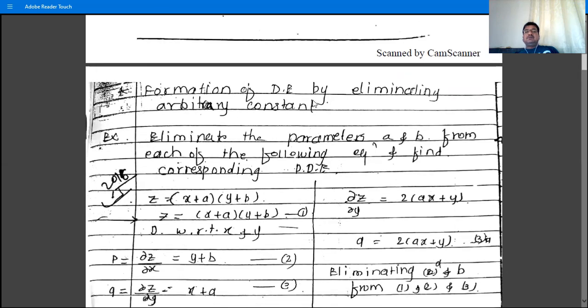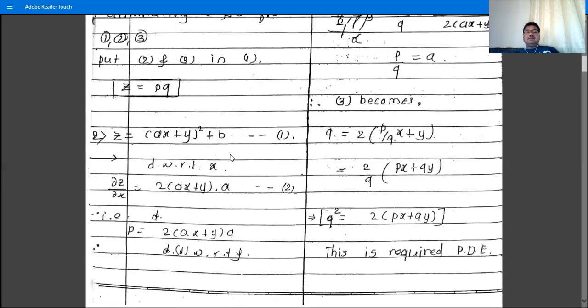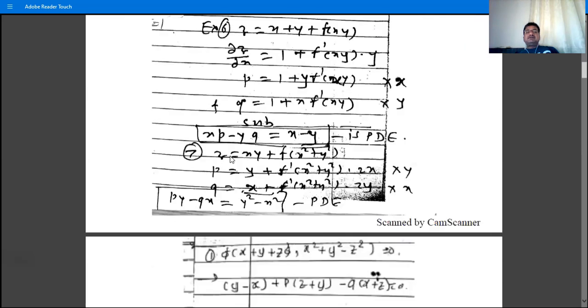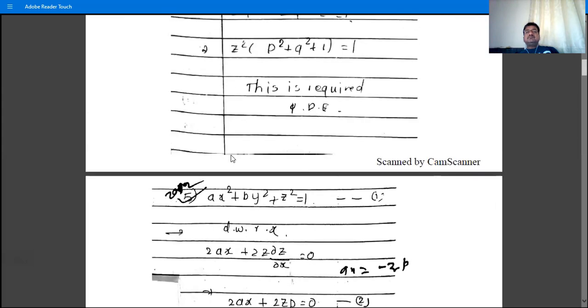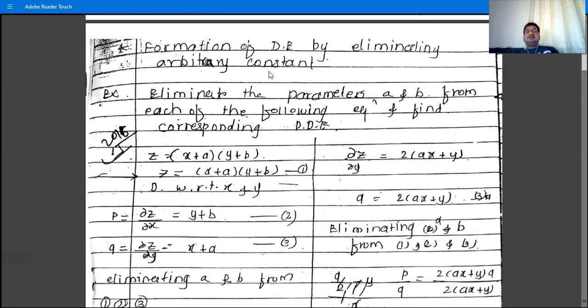Next is formation of differential equations by eliminating arbitrary constants. Again, the same type of problem: we have to eliminate the arbitrary constants and form the partial differential equation. We will see these problems in the next lecture.